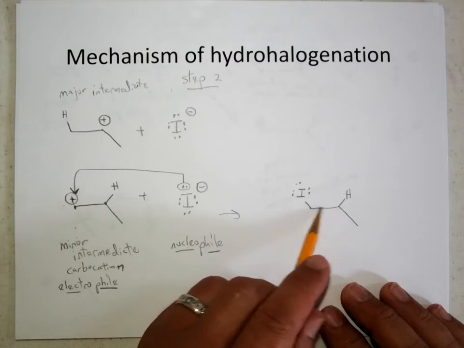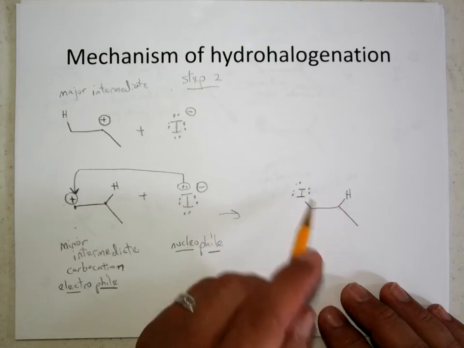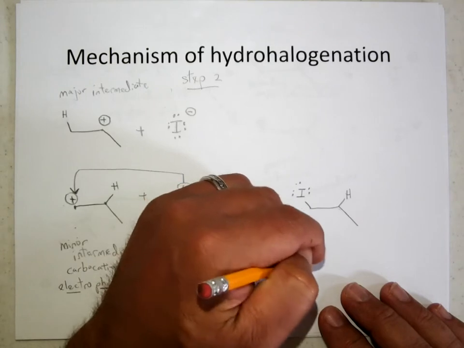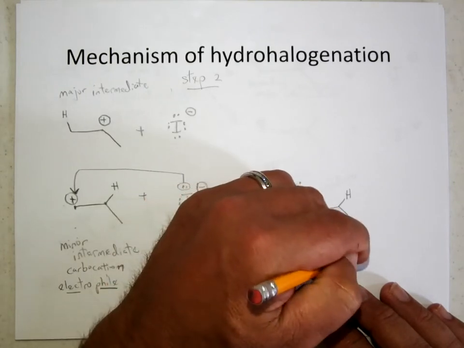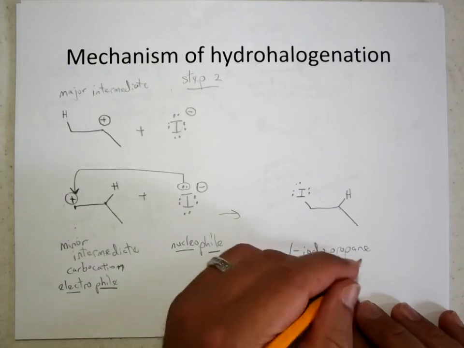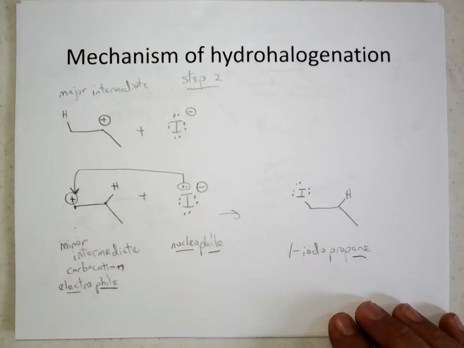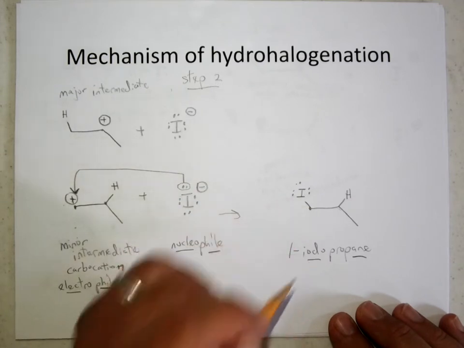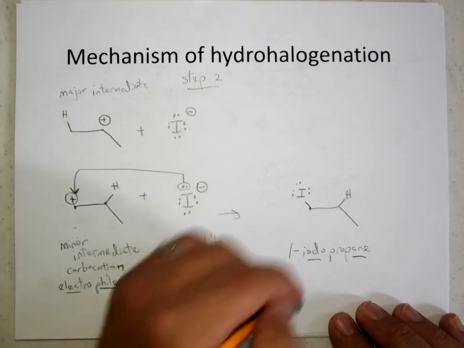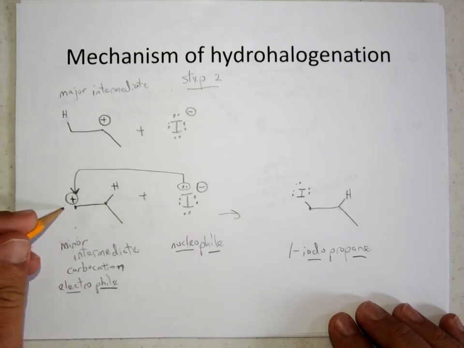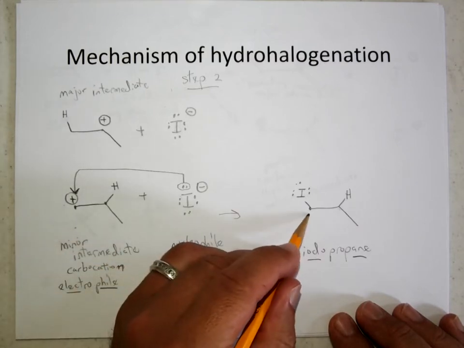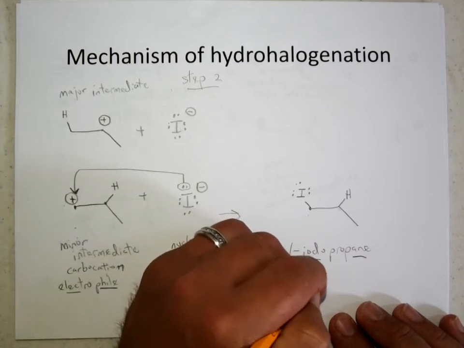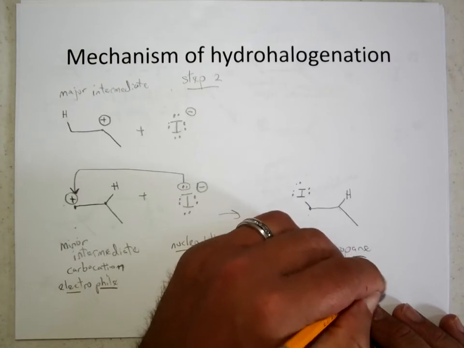So that where there was originally a double bond, now we've added in two new substituents on there, and this would be the 1-iodopropane. So now we have all single bonds. It takes the "ane" ending instead of the "ene" ending, and on the end carbon, the first carbon, there's an iodine. So 1-iodopropane, and since we get less of the primary carbocation, we will then get less of the primary iodide. So this will be the minor product, and we'll get less of that.